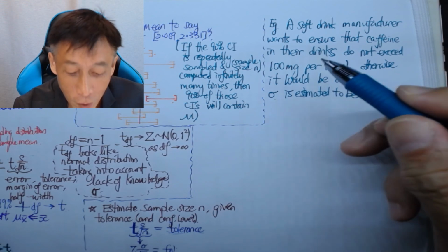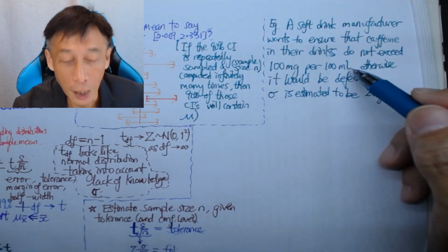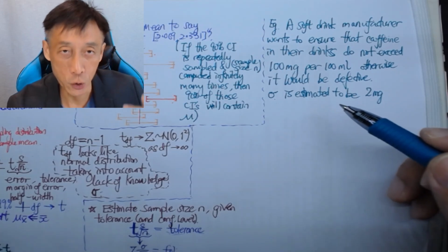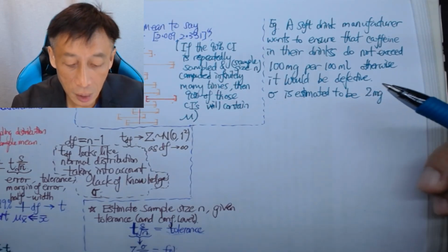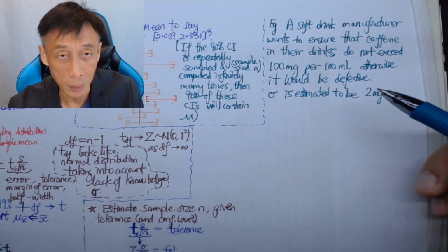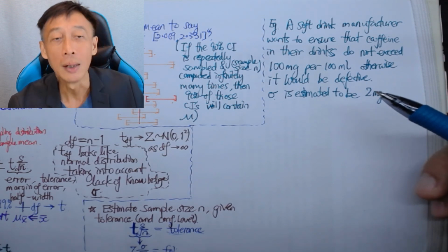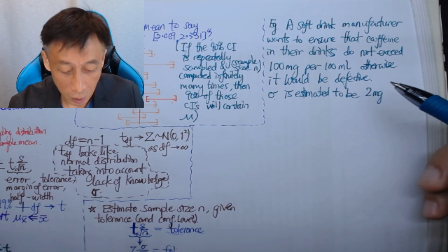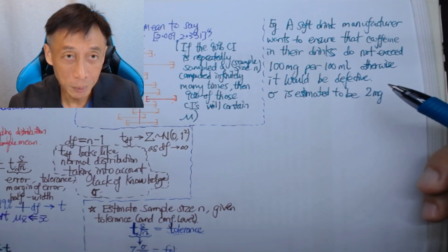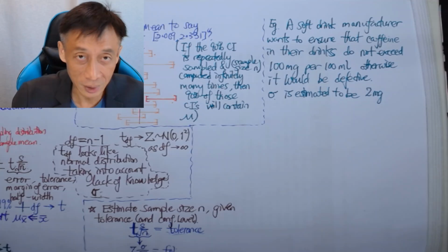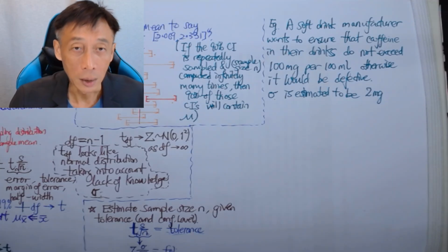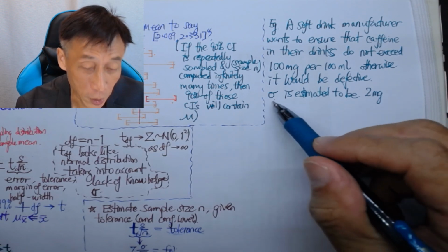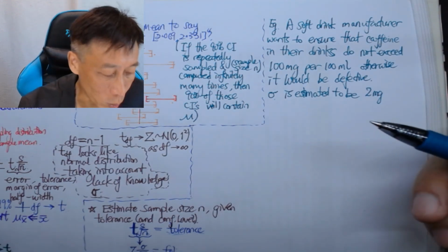Of caffeine level per 100 ml. So in a lot of earlier measurements, earlier sampling of 100 milliliters, it was measured carefully that the fluctuation in caffeine level, which is the standard deviation, is estimated to be 2 milligrams population. That means we were pretty sure that it is quite stable.